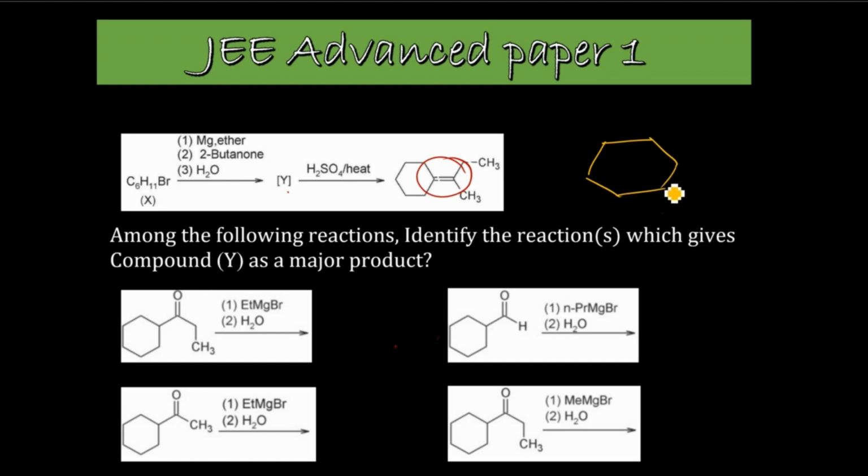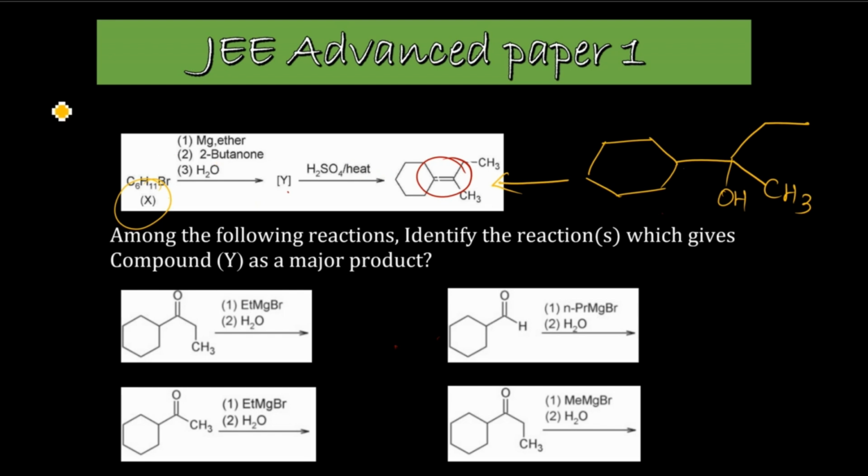I'm just doing the retrosynthesis of this, so which can be CH3 on that side, ethyl, OH. So how can I find which side the OH must be? Then only we have to go for X.